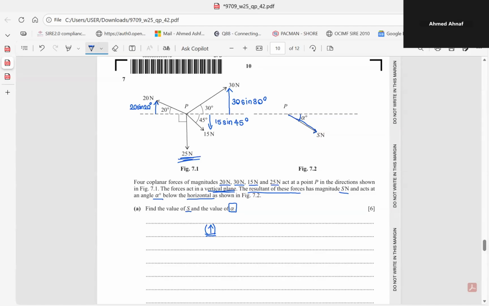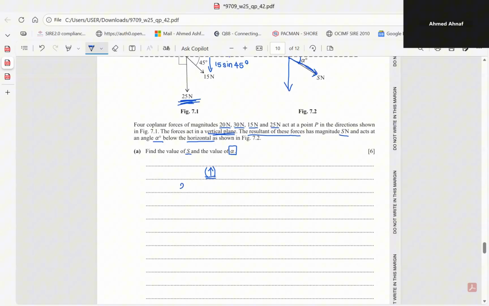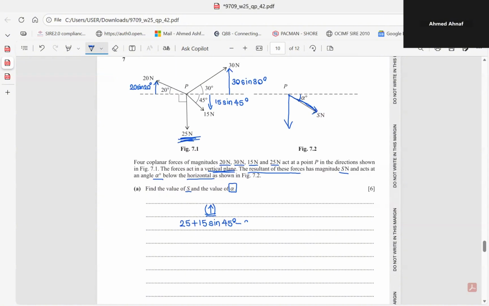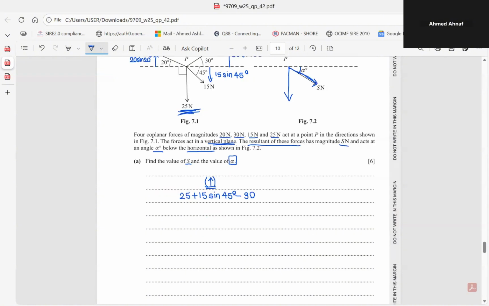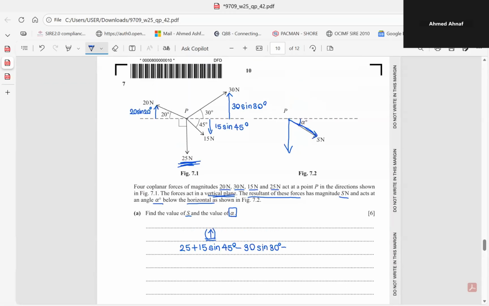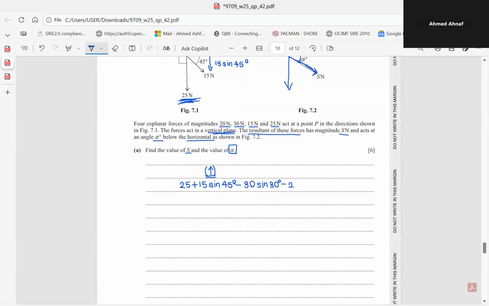Thank goodness they already gave us the direction. The vertical component of this is downwards, so we subtract the upward forces from the downward force. So 25 newtons plus 15 sine 45, minus 30 sine 30 degrees, that's the upward force, minus the second one, which is 20 sine 20 degrees.